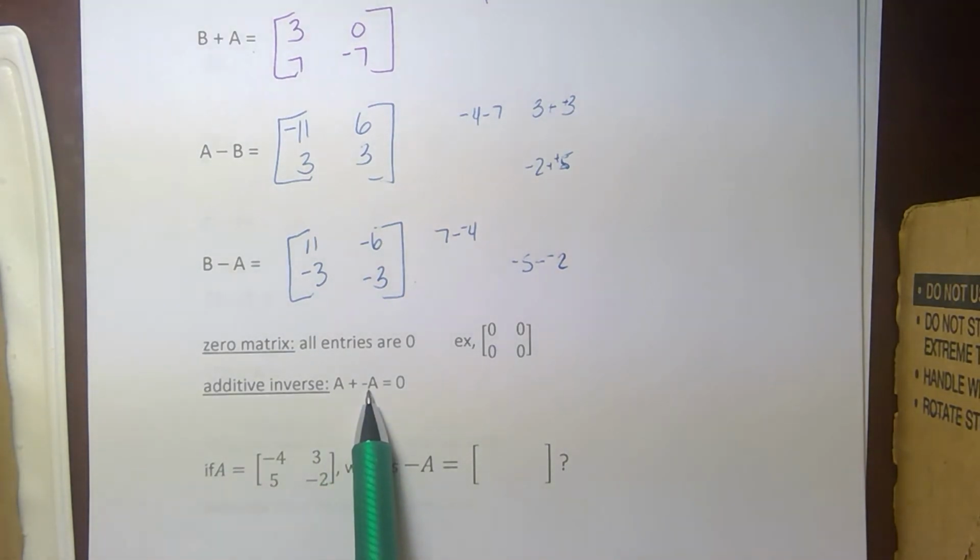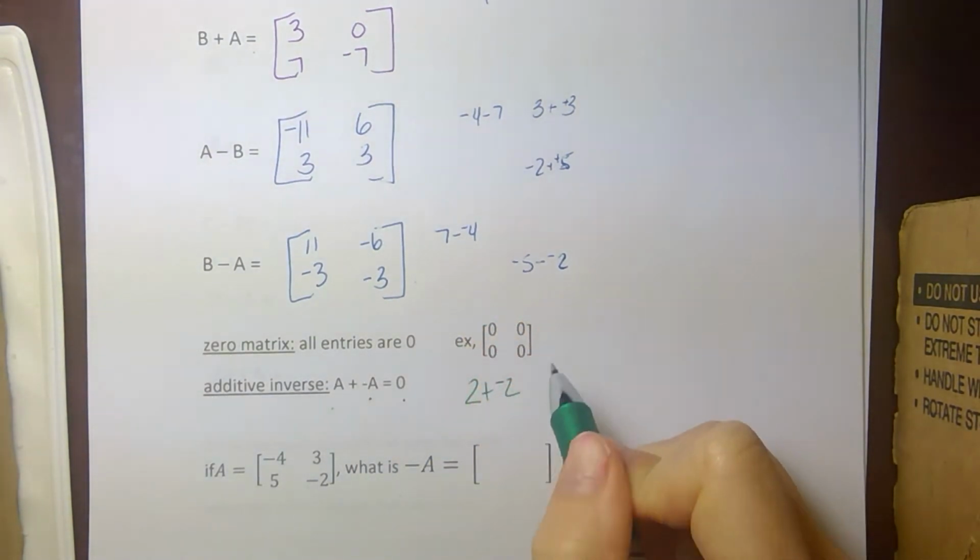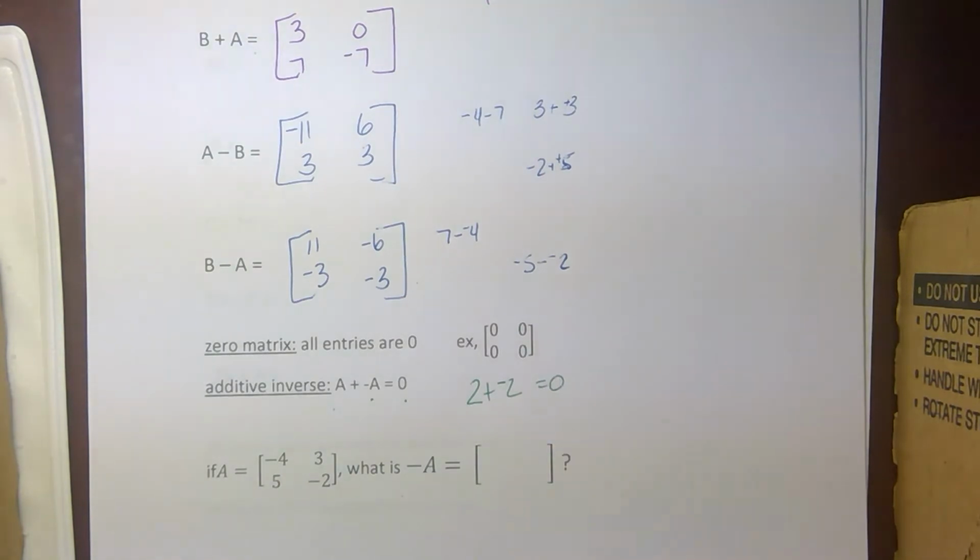The additive inverse are the two values that when I add together, I get 0. A and the opposite of A give me 0. So for example, 2 plus -2, these are additive inverses, I get 0. So the additive inverse is going to be when I add the opposite values so that I get 0.